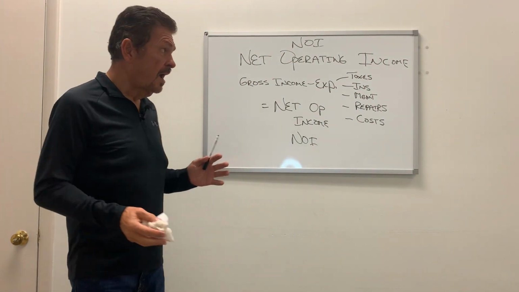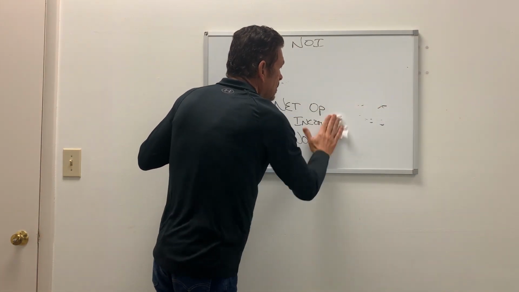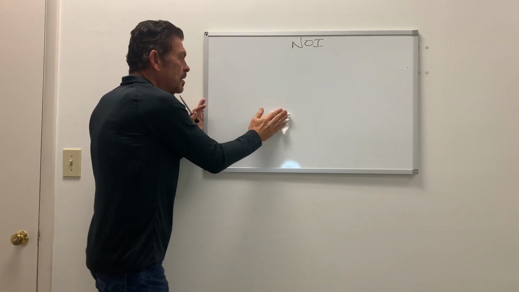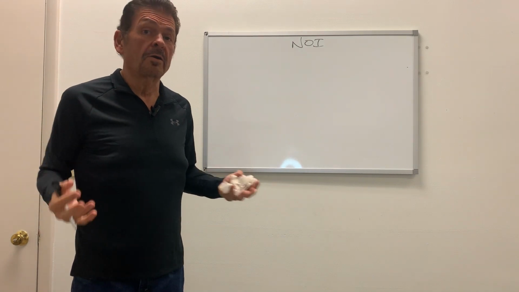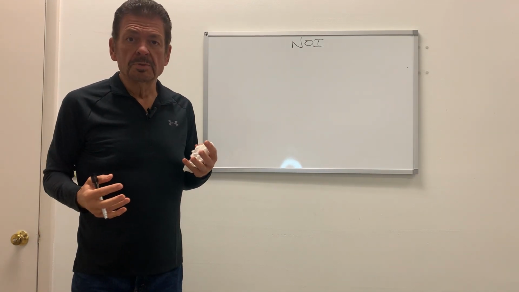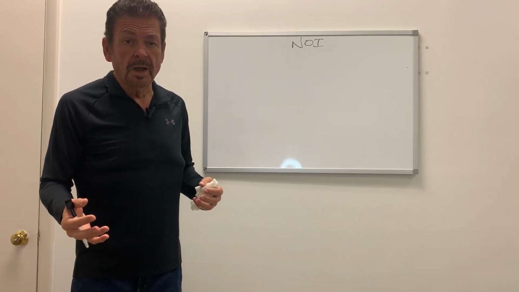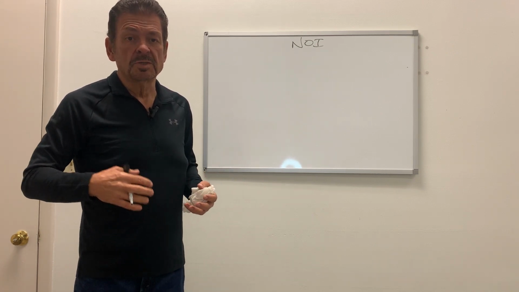Now, once we have our NOI, we can do quite a bit of calculation to determine how well our investment is performing. It will also help us determine what we can expect as far as being able to sell the property in the future, and what we can expect as far as return.